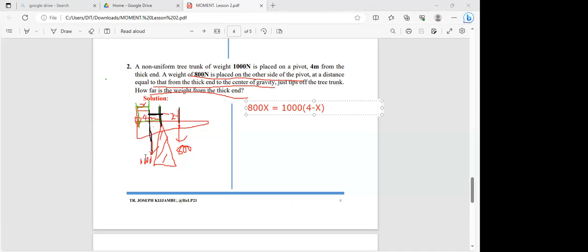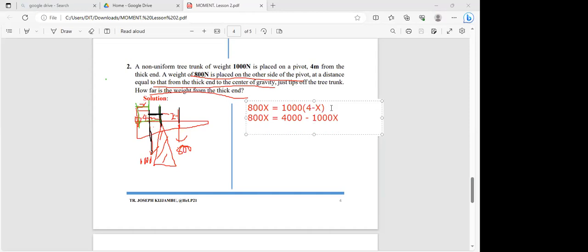That's why I'm assuming the 1,000 is at that point. The 1,000 is giving me the anti-clockwise, whereas the 800 is giving me the clockwise. So according to what we have, 800x is equal to, if we open brackets, 4,000 minus 1,000x.